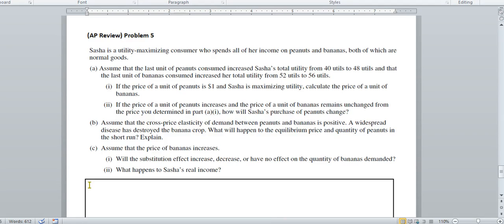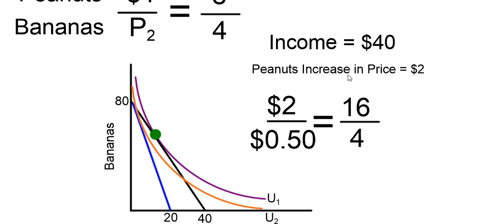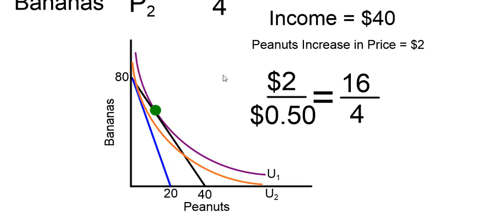Okay, so if the price of peanuts doubled and went up to $2, that would mean that we would have a new budget constraint, this blue line, because she could only buy half as many peanuts because their price doubled. So if they're $2 and she only has $40 to spend total, then the maximum units of peanuts she can buy is 20.